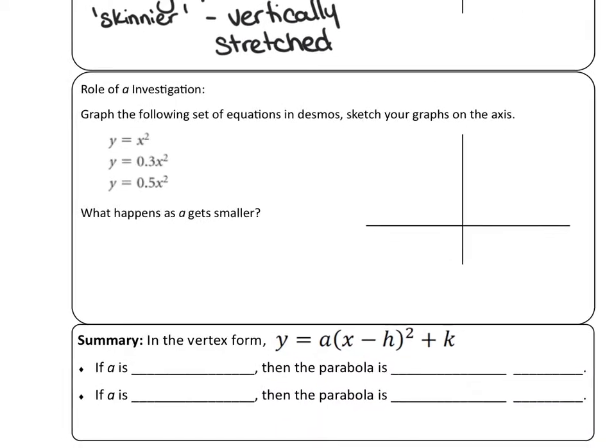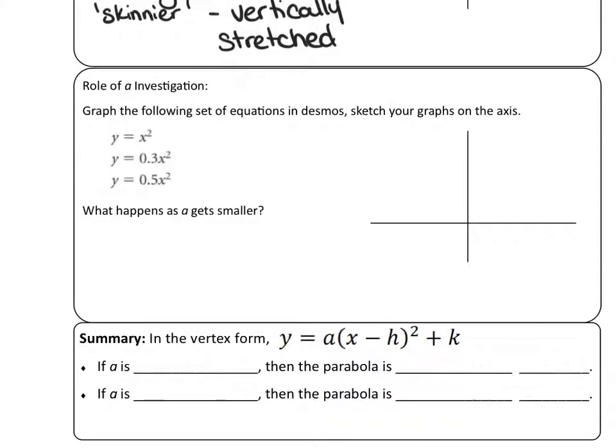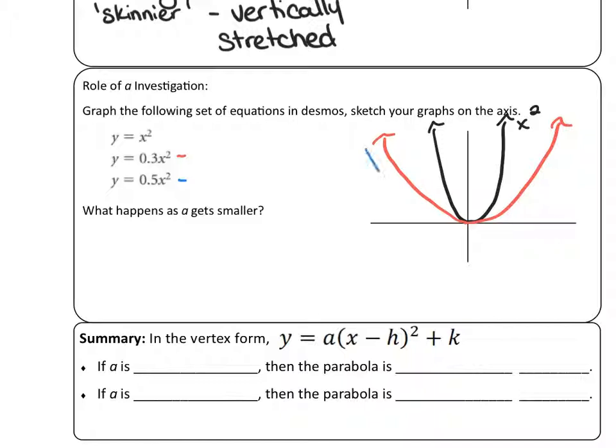If you move down, what happens when the number gets smaller? So again, I'm going to draw, this is our regular one, our x squared. 0.3, you would have noticed that it does this, and 0.5 would have been like this.